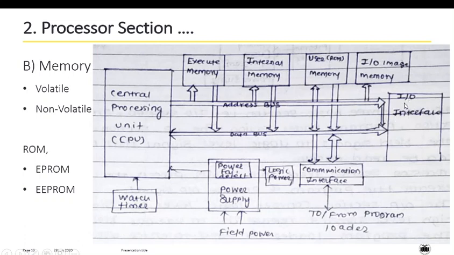Whenever an input arrives and is captured by the sensor, this IO memory will store that an input has arrived. So the flag, or you can see the LED glowing at the input module of the PLC. Once the signal is processed by the CPU and the output is calculated, it will again send the data to your input output image memory.